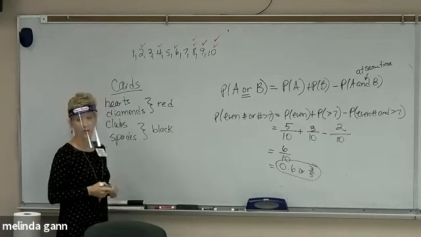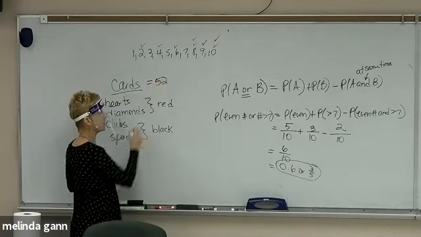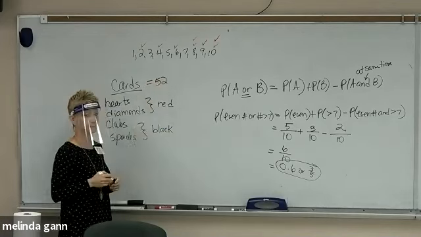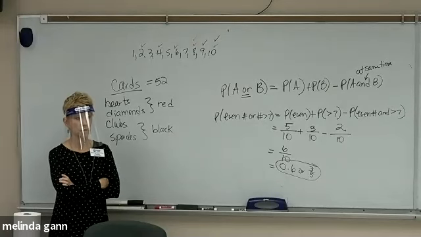Do you know how many cards are in a deck? 52. You're going to need to know that. So how did you take your calculator and figure out how many hearts are in the deck? What can I do? All right, you got a calculator, so find me how many hearts are in the deck. You're going to be using them.